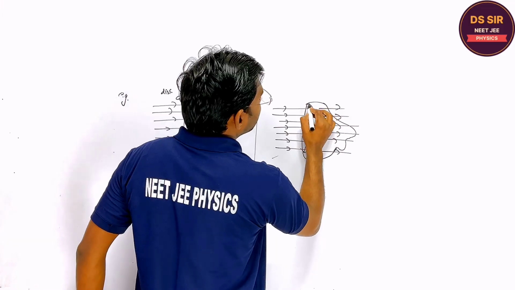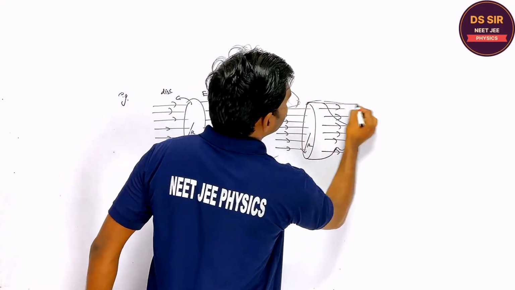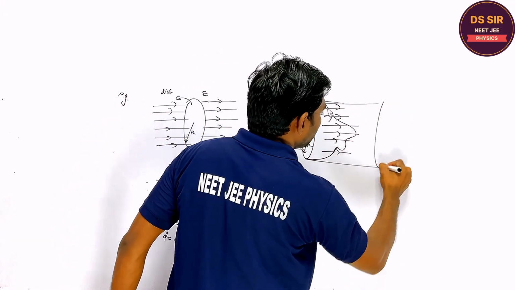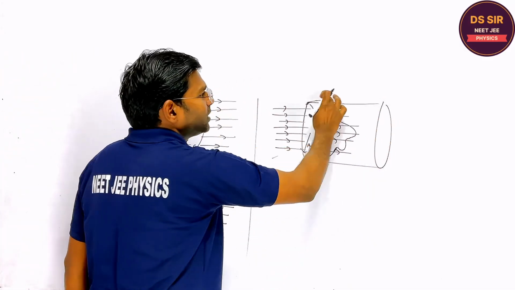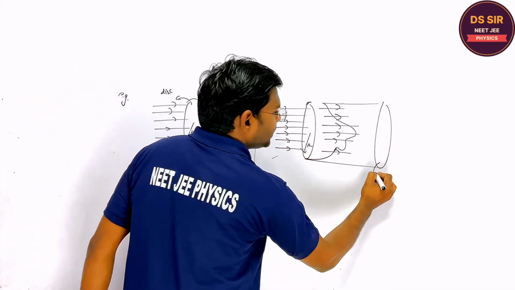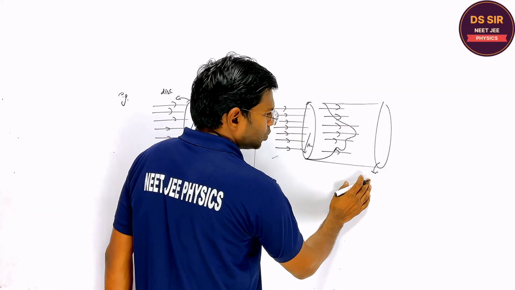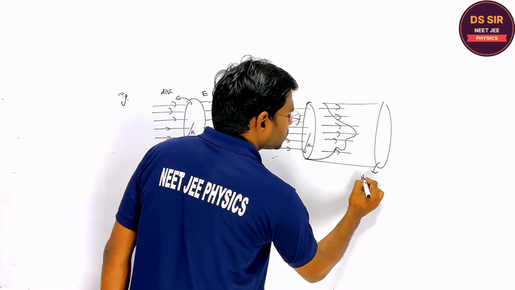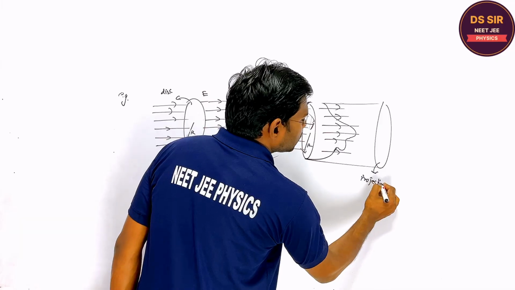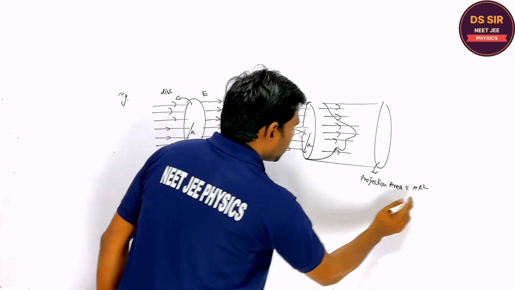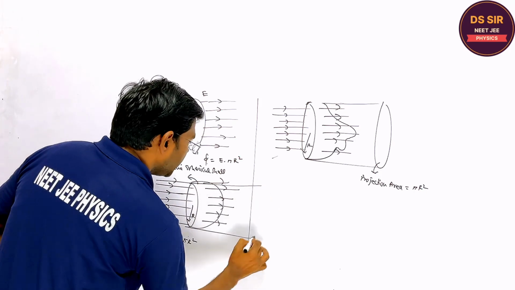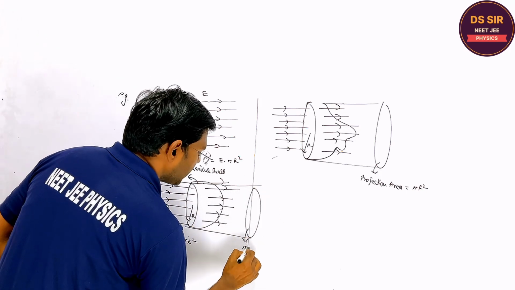The meaning is that if you find the shadow of this portion, that is its projection area, you can speak of it as the shadow or projection area. The projection area in every case is pi r square.